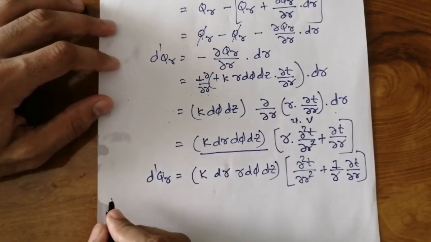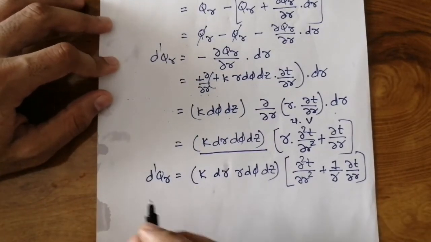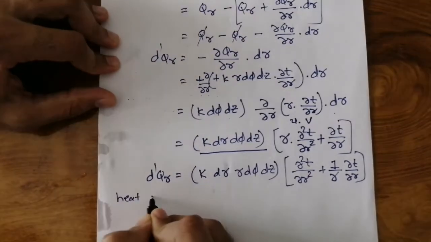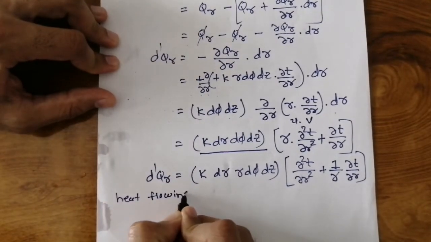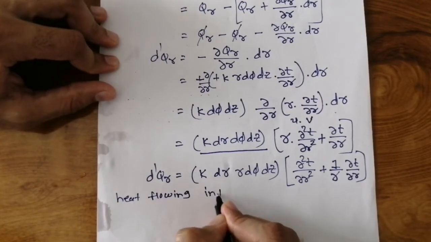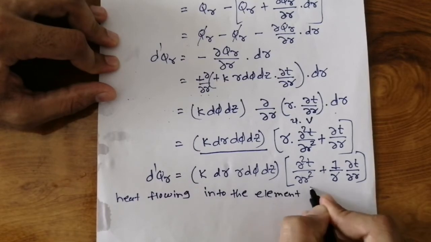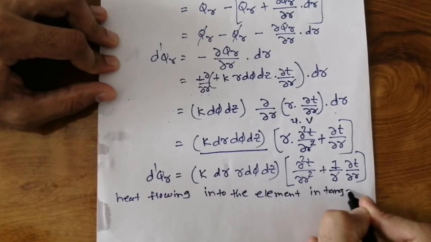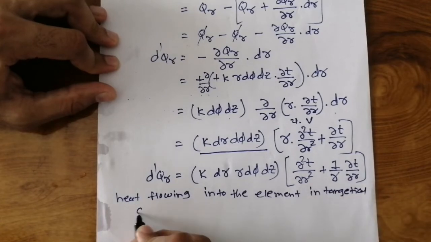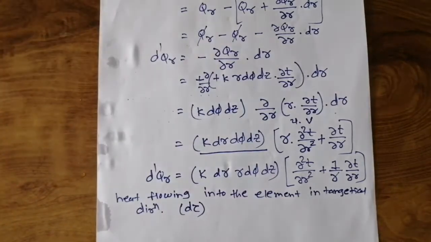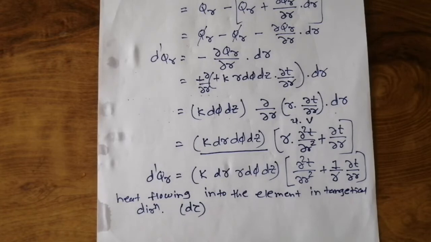So first of all, for the tangential direction, we consider the heat flowing into the element in the tangential direction, and the same time interval dτ will be considered.